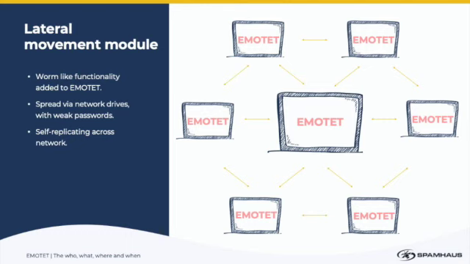If it's successful, it will try to replicate across the network. And it's self-replicating. That means if the module is able to land on a connected computer, and that computer is connected to another network, it would try to replicate across those networks too. So it tries its best to leverage the network and the credentials to spread across.